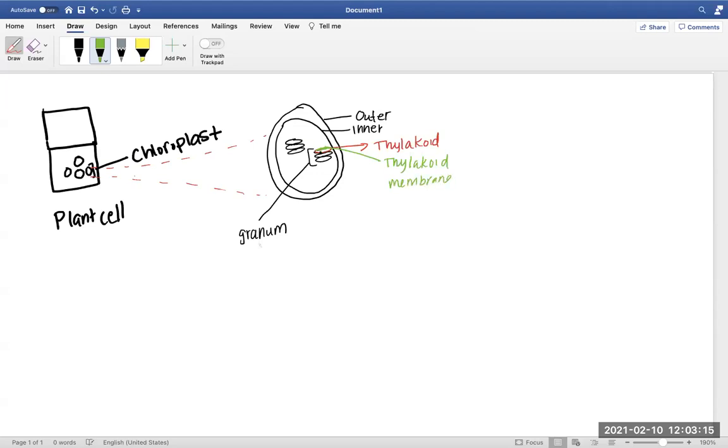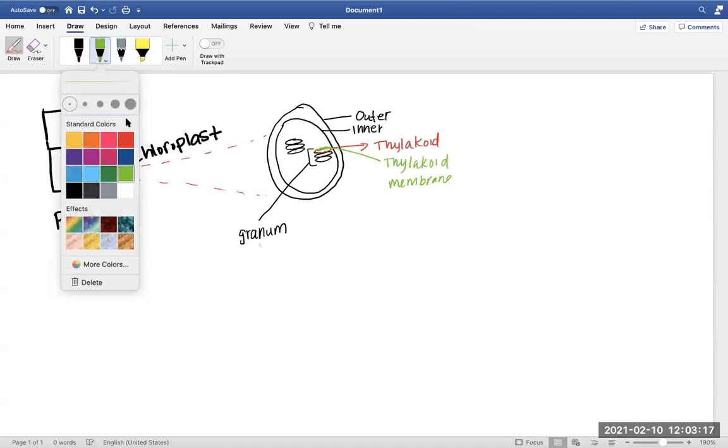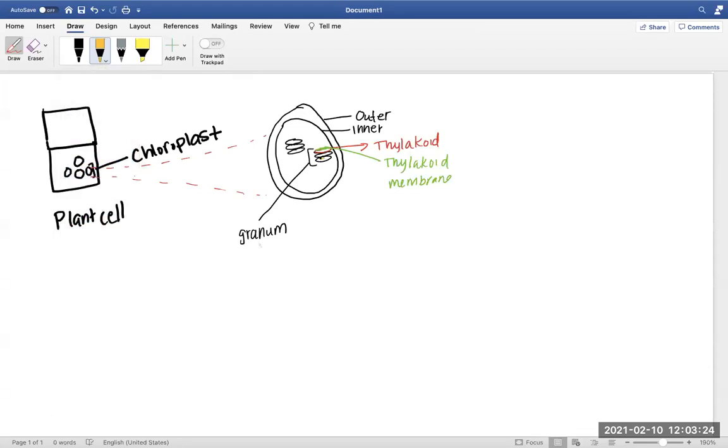Now there's this space, the white space. I'm gonna try to use a different color to highlight that. So this white space, what is that called? Again, this is the thylakoid membrane. So this space is gonna be called thylakoid space.